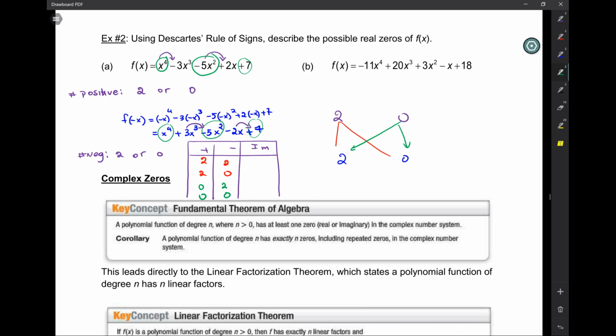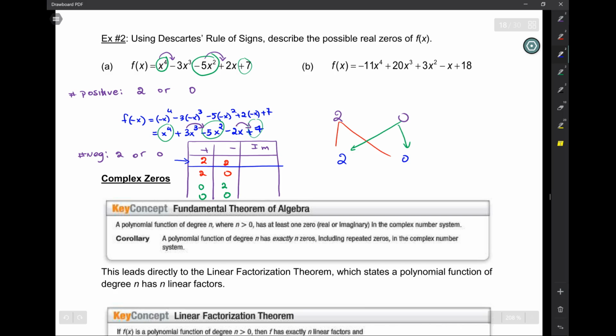This is Descartes' rule. Okay? And now we need to complete the last column. The condition is, whatever the degree is, each row has to add up to the degree. What's the degree of this function? What's the degree? 4. So each row has to add up to 4.